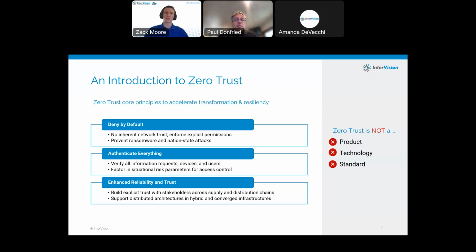Zero Trust has been around for longer than them. There are also some products out there like Zero Trust Network Access, which is one of the core components of Security Service Edge, which is part of SASE. But again, that is just a product that can help you to achieve some of the different principles within Zero Trust. It's not the framework itself.